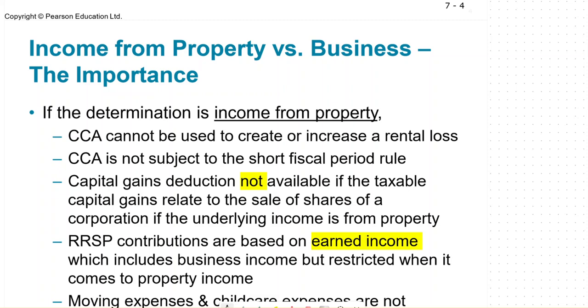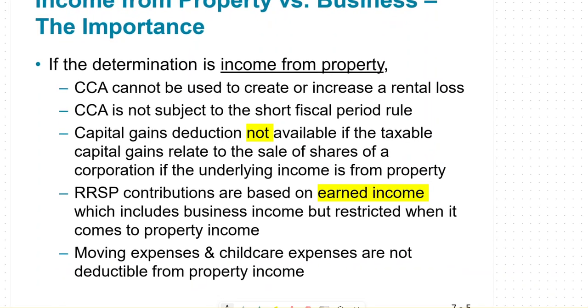When we think of income from property versus business, the important things are what is allowed and what is not allowed. If the determination is income from property, CCA cannot be used to create or increase a rental loss.